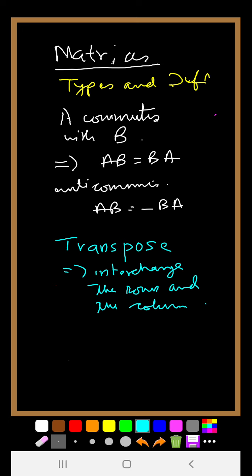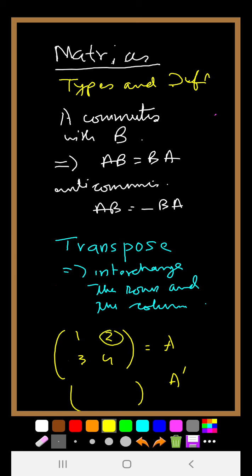That means if your matrix, say 1, 2, 3, 4, is A, then A transpose will simply be, if you interchange these positions, 1, 3, 2, 4. This is the transpose. And there are some properties related to the transpose matrix.